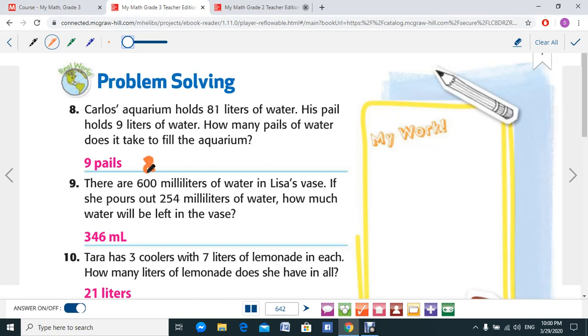So to make things easy, I will try to write what we did in each question. Here we divided 81 by 9, and the answer was 9. This is what we did here.